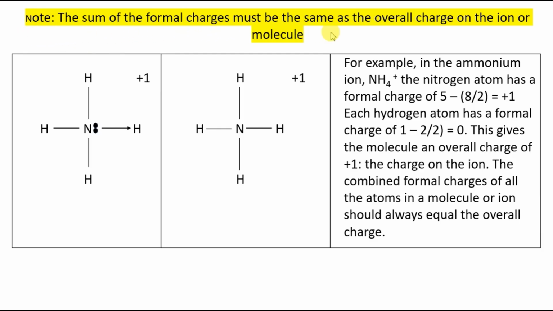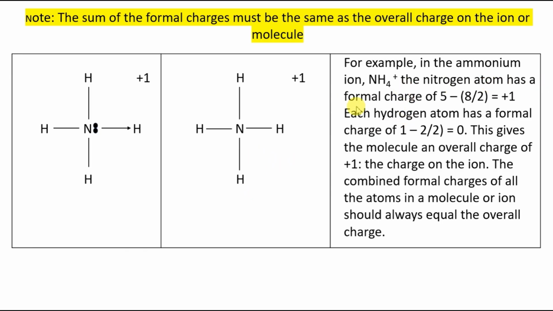The sum of the formal charges must be the same as the overall charge on the ion or molecule. For example, in the ammonium ion, NH4+, nitrogen, group 15, makes 3 covalent bonds with 3 hydrogen atoms and uses its non-bonded pair of electrons to make a dative bond with a hydrogen ion, came in as H+. This gives the ion the overall charge plus 1. Drawn in the middle as the nitrogen simply forming 4 shared pairs of electrons with 4 hydrogen atoms.